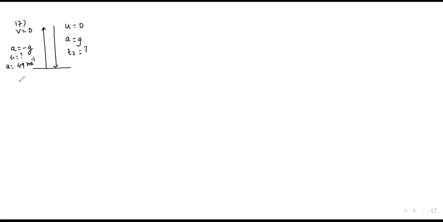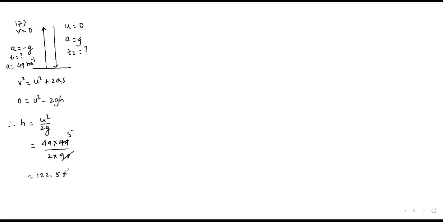So I can use v square is equal to u square plus 2as. This is 0 is equal to u square minus 2gh. H is equal to u square upon 2g. U is how much? 49 into 49 upon 2 into 9.8. The answer will be 122.5.